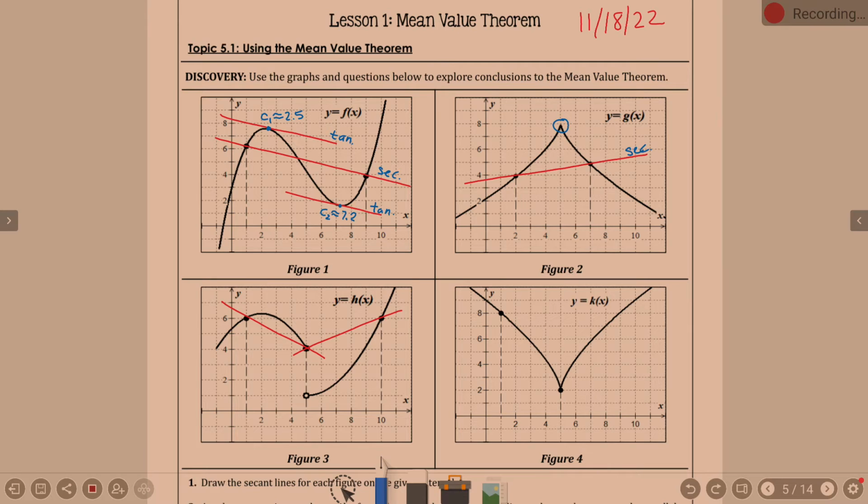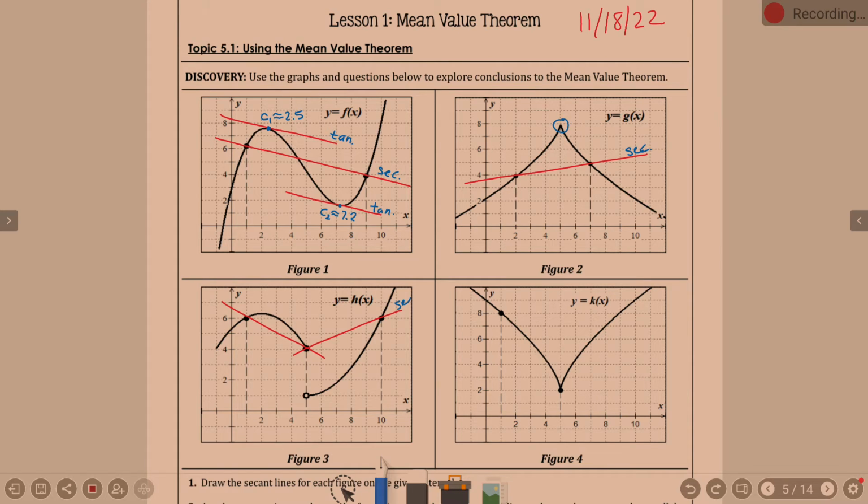So in figure 2, there's none because it's not possible there. That cusp, remember, is a non-differentiable point. We'll talk about continuous and differentiable later.